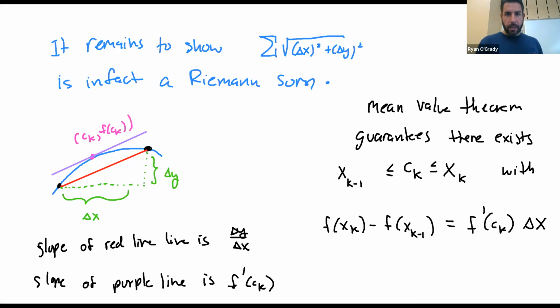This creature right here, we've already given it a name. It's called delta y. So I can rewrite this in a very nice way, which agrees with the picture I've drawn on the left. I can say that f prime C sub k is equal to delta y over delta x, if I just do some algebra.